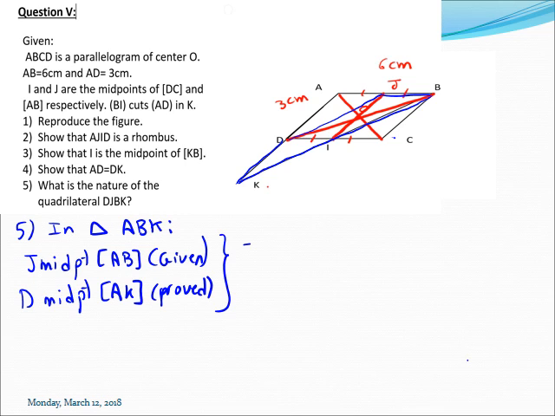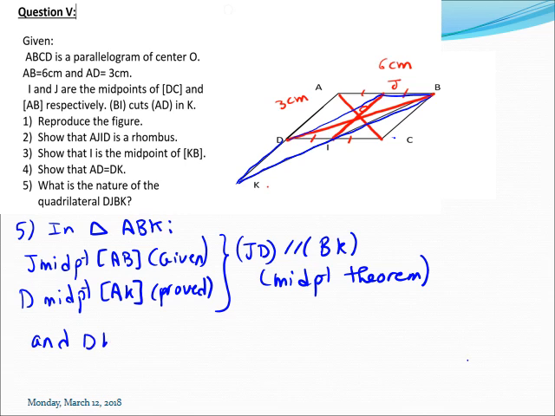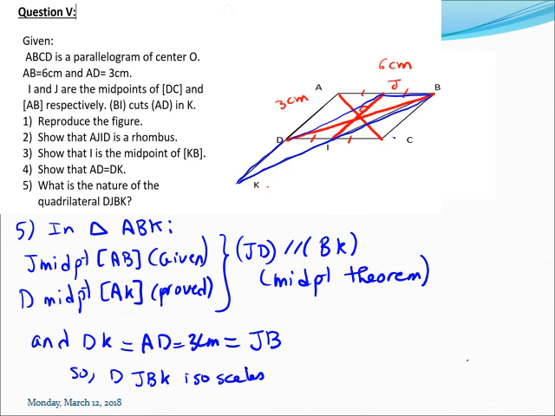Then JD is parallel to BK. Use the midpoint theorem. And DK equals AD equals 3 centimeters, proved in part 4, equal also to JB. So we can say that DJBK is an isosceles trapezoid.